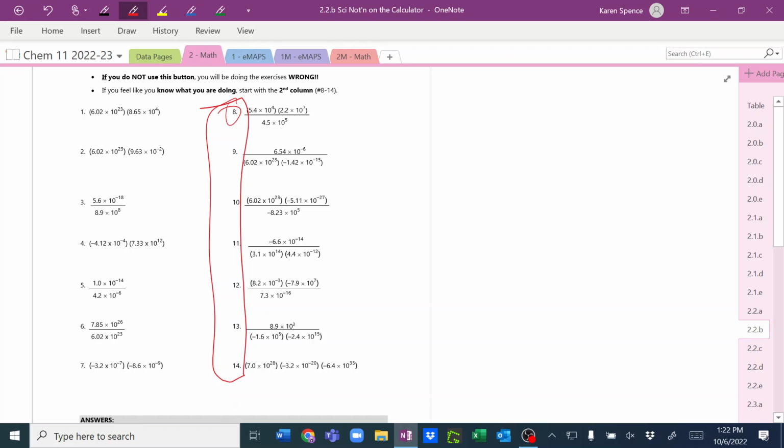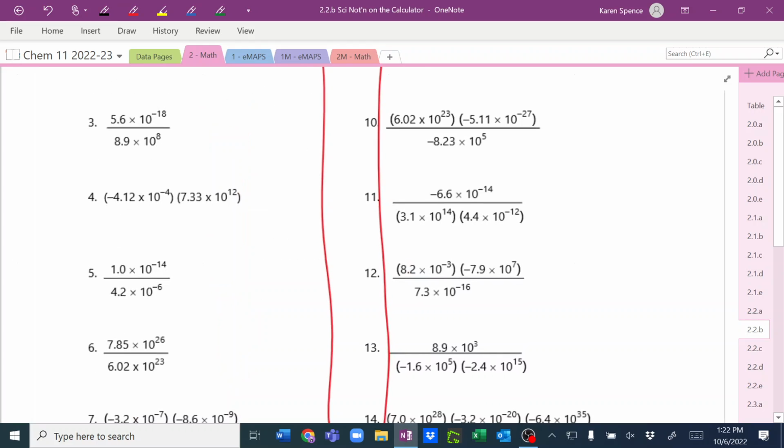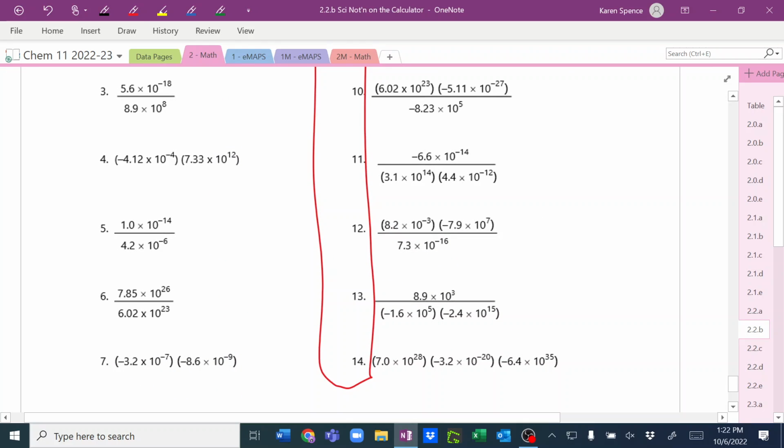Or you could do it this way, where you multiply by 4.2 and then find out. Do you know what I mean? I'll be right with you. So if everybody could try, was that number 4?